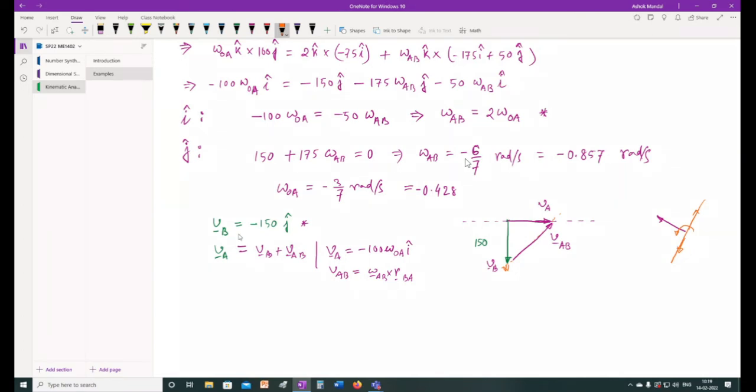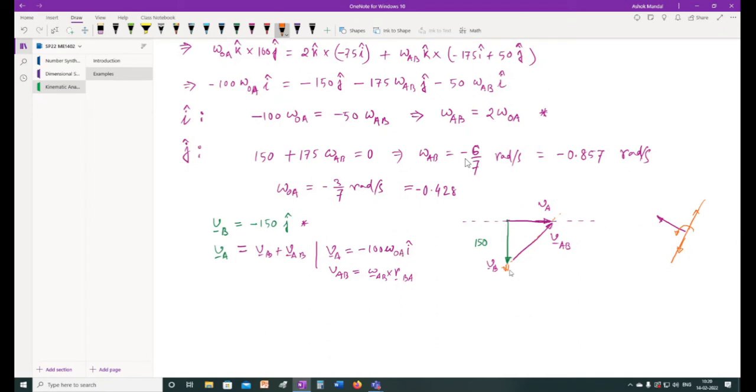Look, VB plus VAB. VB is known to us. This is this. From this point, we'll draw a vector along this, but we don't know the magnitude. We know the direction. So we have drawn this one. And for VA also, we don't know exactly the magnitude, but we know the direction is I. So you can draw this.